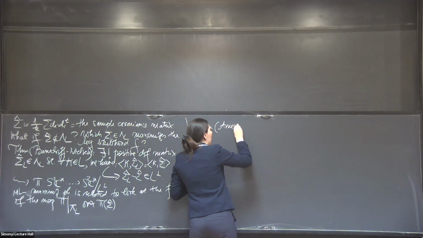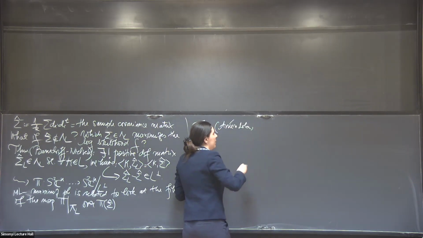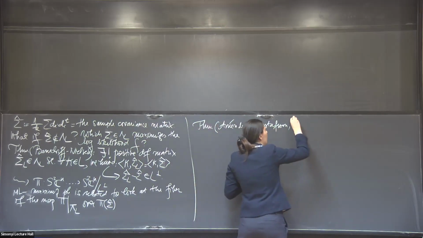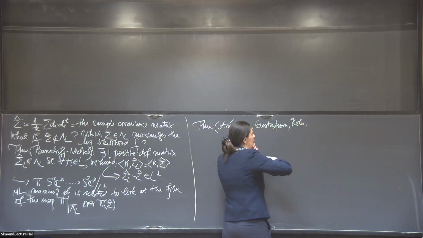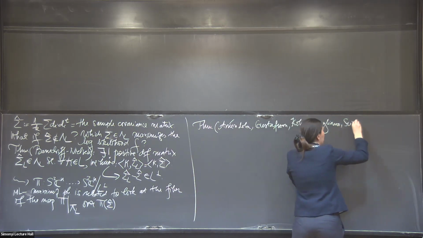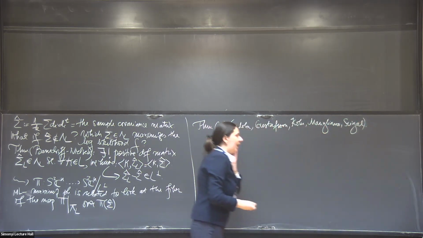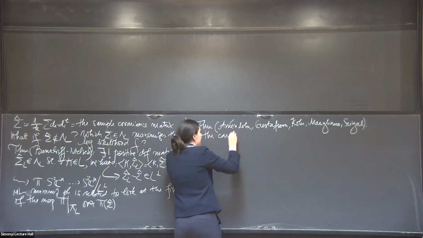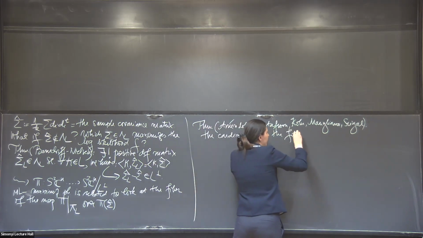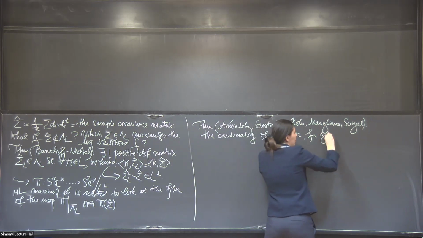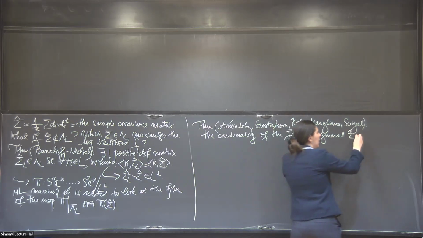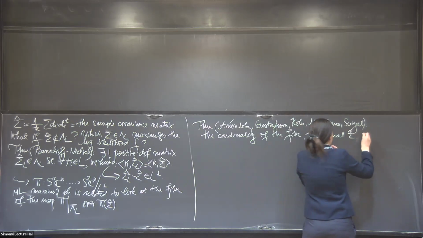This is due to Amendola, one of my co-authors, Gustafsson, Kathleen, Marigliano, and Anna Seigal, saying that the cardinality of the fiber for general sample covariance matrix is precisely the ML degree.